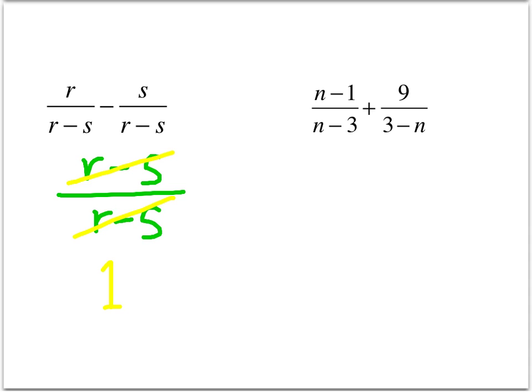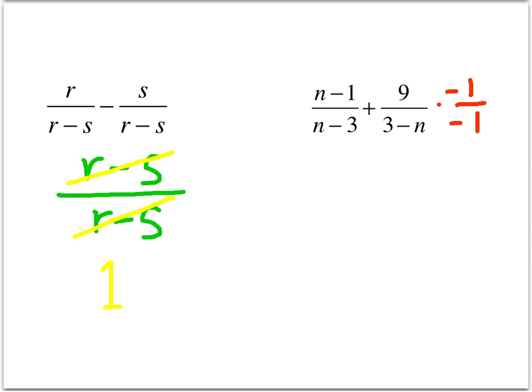However, the tricky part here is recognizing that I can multiply this second fraction by negative 1 over negative 1. Now, why would I want to do that? Well, we'll see in a little bit. Remember, this is not changing the value of anything. When I multiply by some number over itself, it's like multiplying by 1, so that should be fine. Let's see what I end up with here.